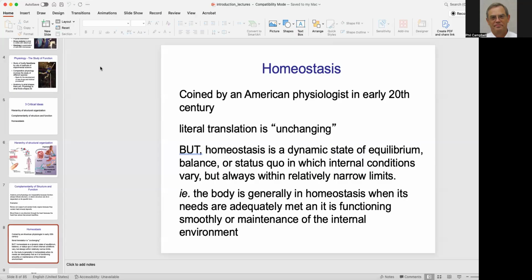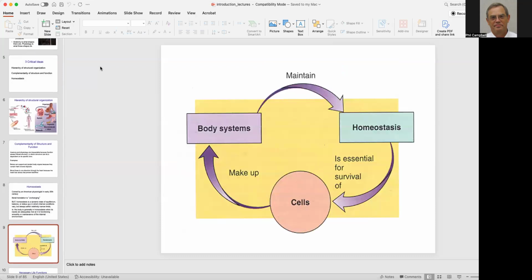Okay, and the same thing works in your body. So we will go into more detail, but this is a critical concept. Without homeostasis, you wouldn't be you. Okay? Now, another way to think about it is this. All of the cells in your body are organized into tissues, organs, organ systems.